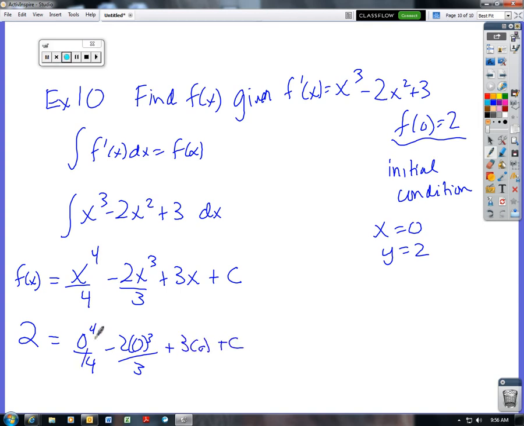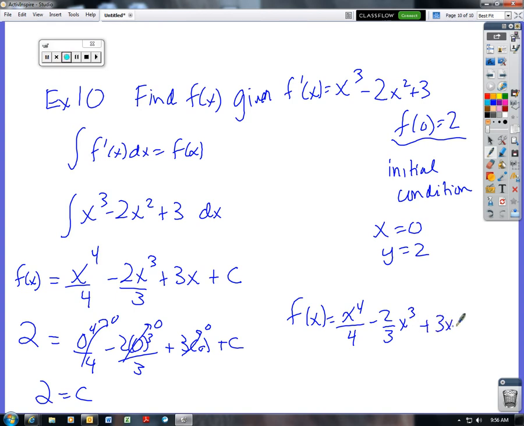So all of these are going to go to 0. 0, 0, go to 0. And you end up with 2 equals c. So now you come back and you rewrite the final result. F of x equals x to the 4th over 4 minus 2/3 x cubed plus 3x plus 2. And this is the particular solution for this given condition.